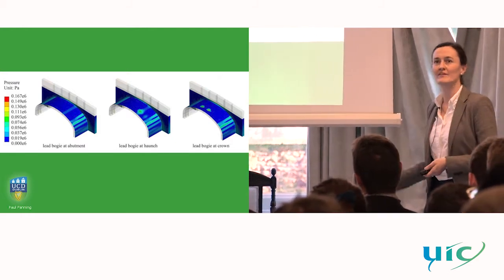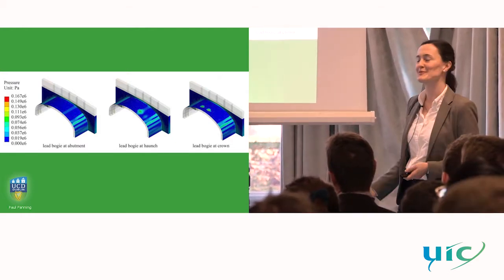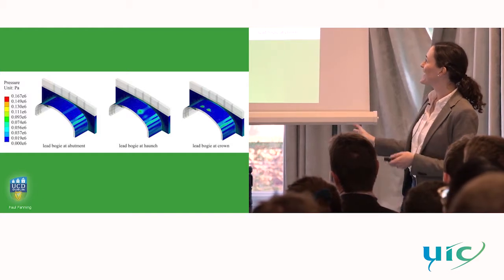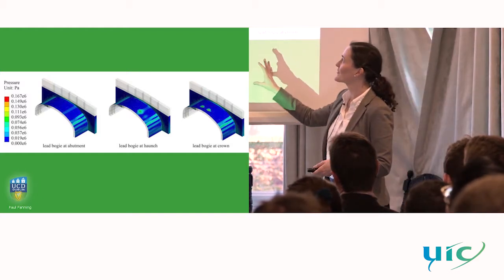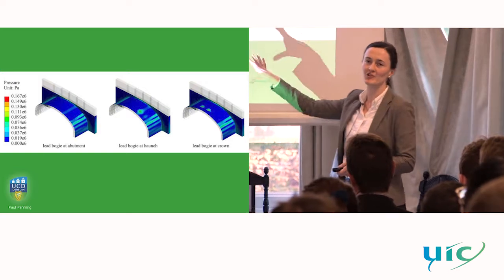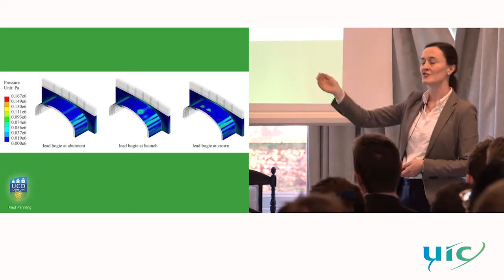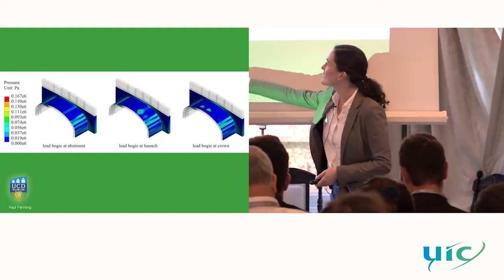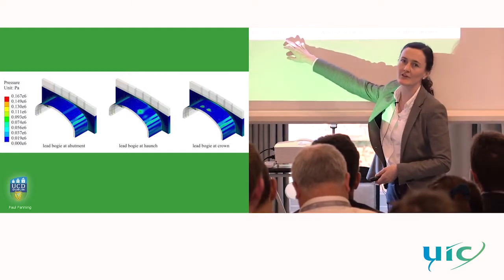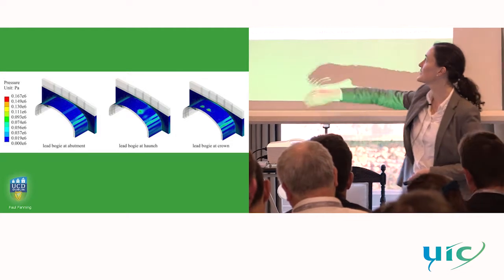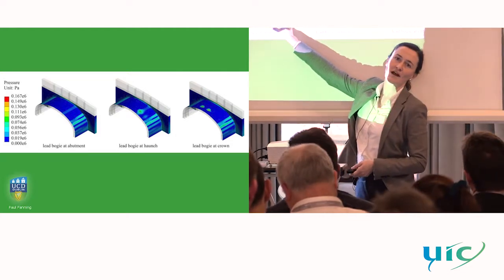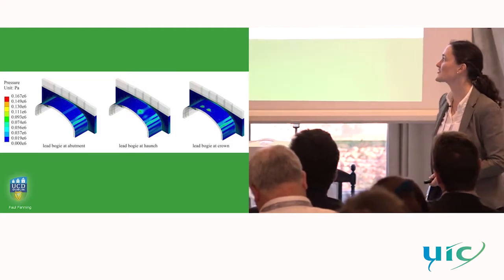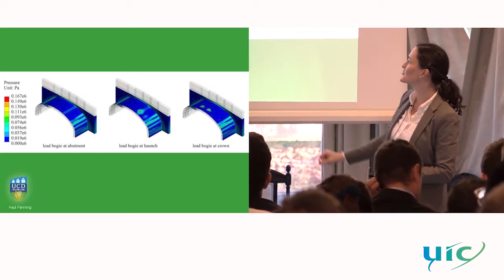Revisiting one of the points that has been made a couple of times today, this is looking at the contact pressures at our interface elements. When the lead bogie is approaching the abutment, you have a nice, widely distributed contact pressure at your abutment.